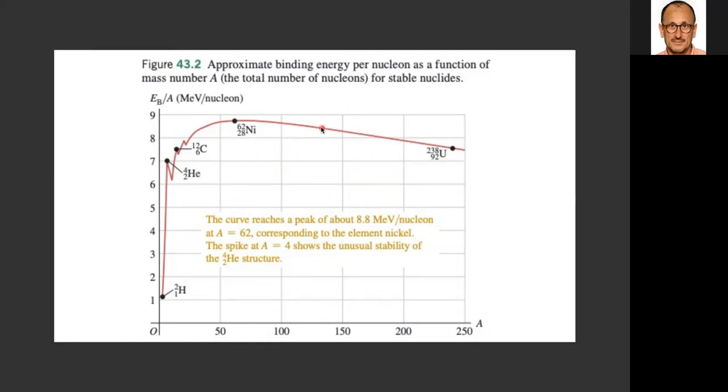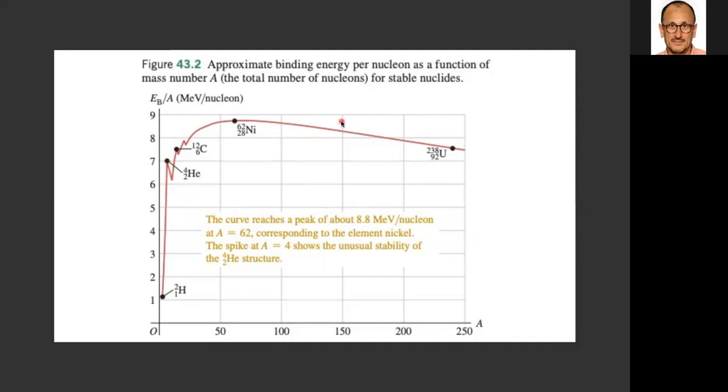So essentially it is advantageous to divide this and get to a region around here. For the nuclei over here, it is advantageous to form something else. To hydrogen, for example, it will be good to have this reunite with another deuterium to form helium, and it will gain this amount of energy.